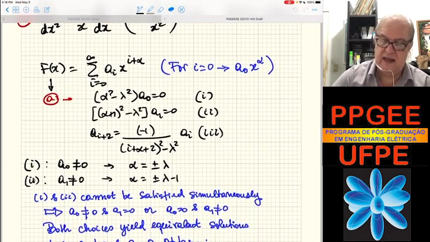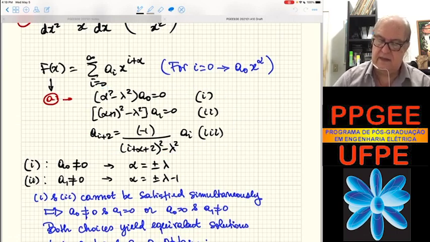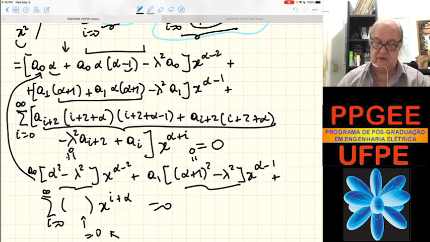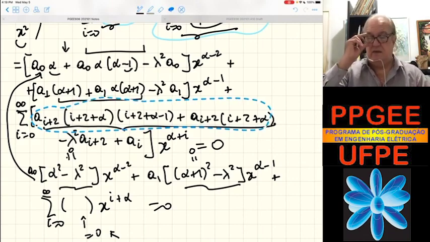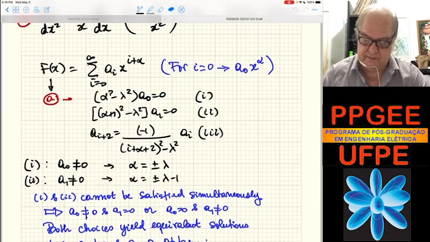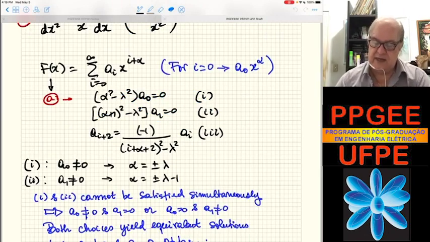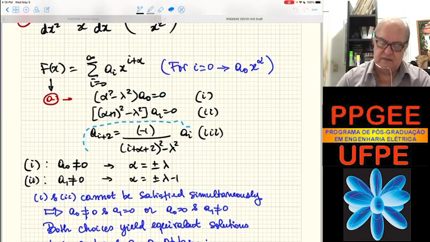So that's what we have. Right, and in the last case, when we set this term equal to 0, we're going to have a recurrence relation given by this one.